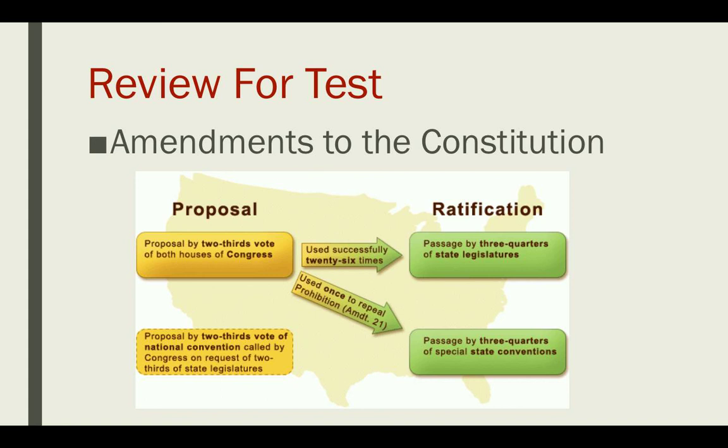So when we look at the amendments, all 27 of them, they deal mostly with political power and civil rights of the people. What you see on the screen here is how we amend the Constitution and the different methods that we can use.